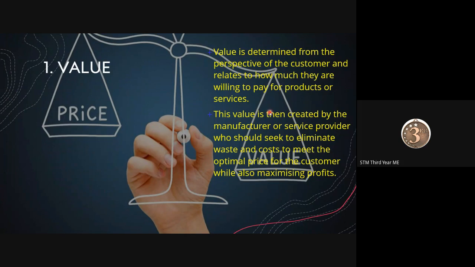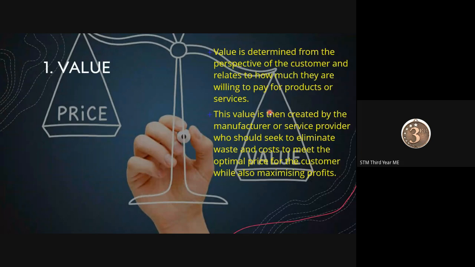There is a phase in which, after prototyping, we send out a beta version to customers to know their feedback. This is done to find out the customer's point of view on this particular product.